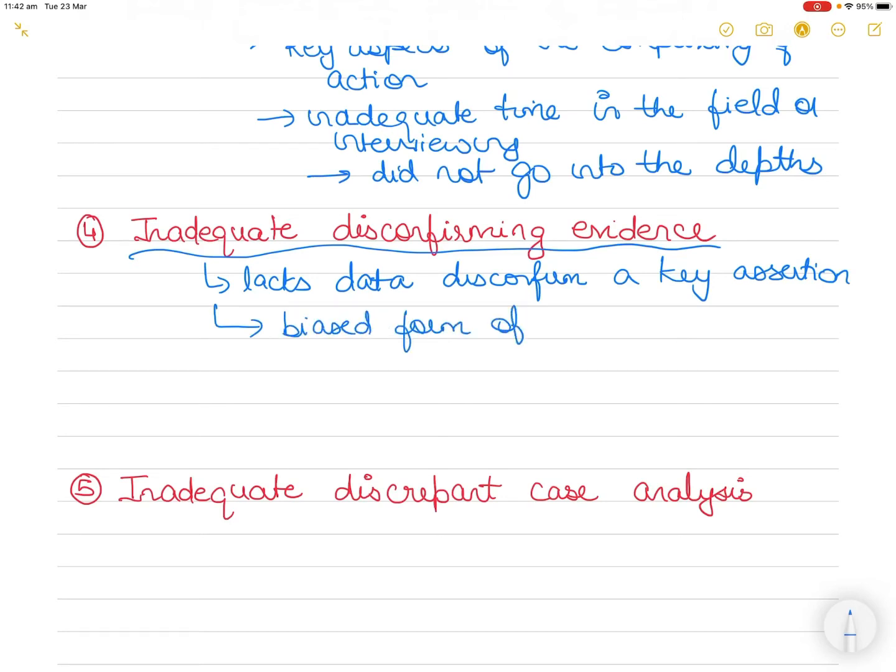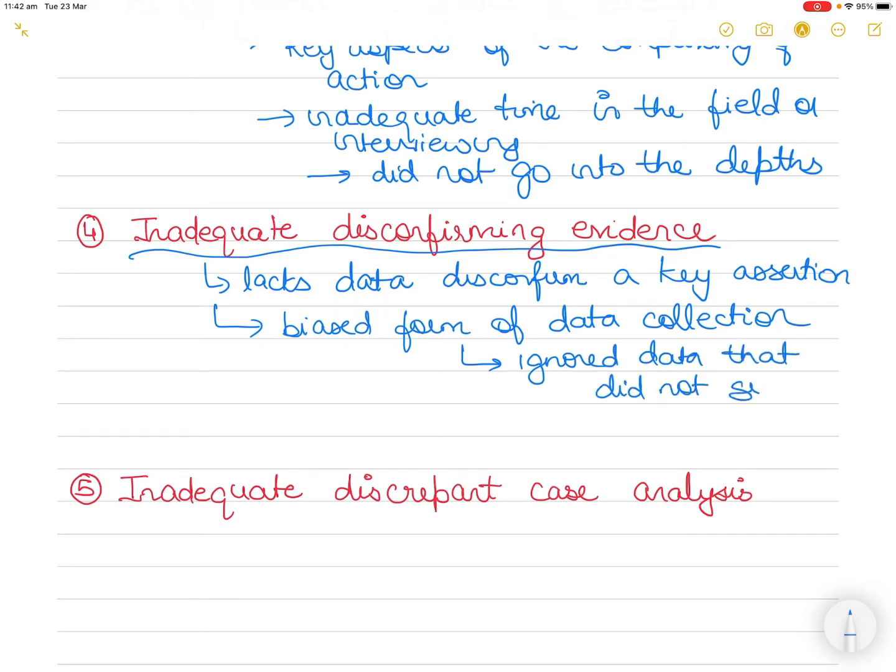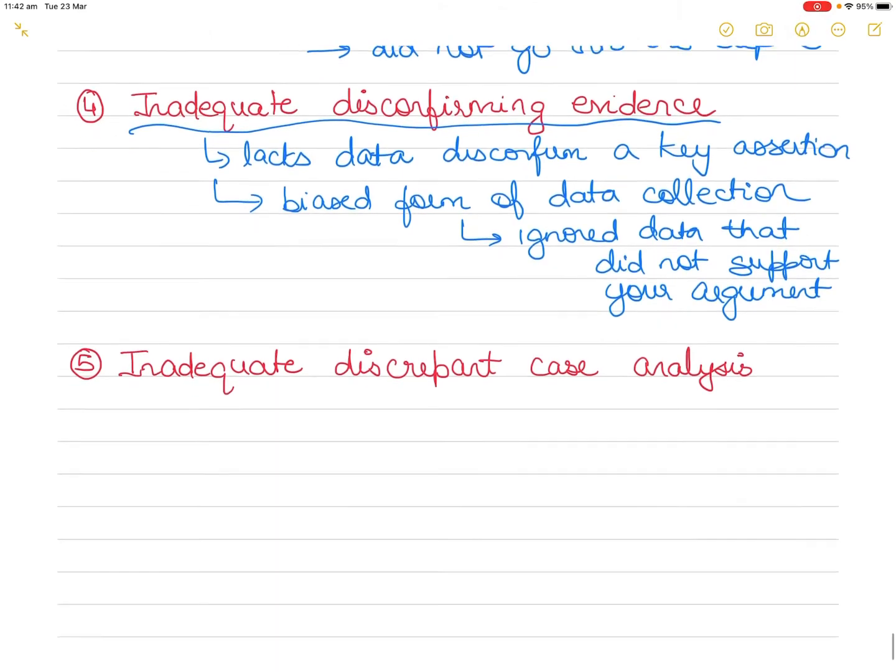You only looked at data that supported your work, but kind of ignored data that did not support your work or your argument. You should have presented that as well, because that is what is called fair research. If you have evidence or data that goes against your beliefs and assertions, then you must present that as well.